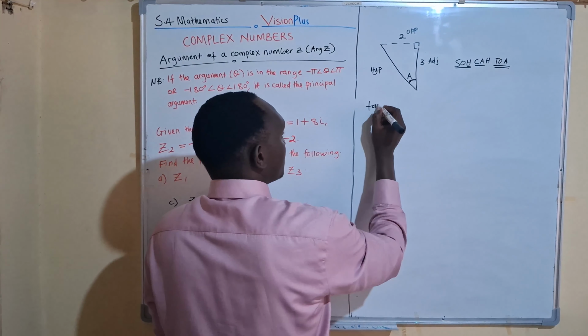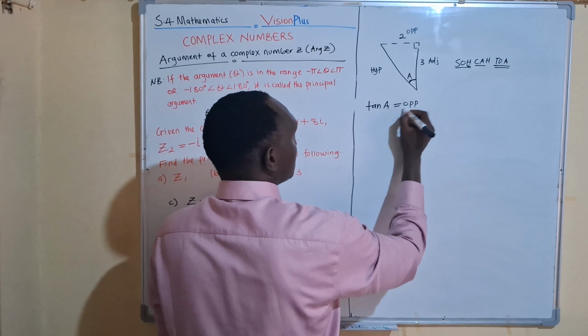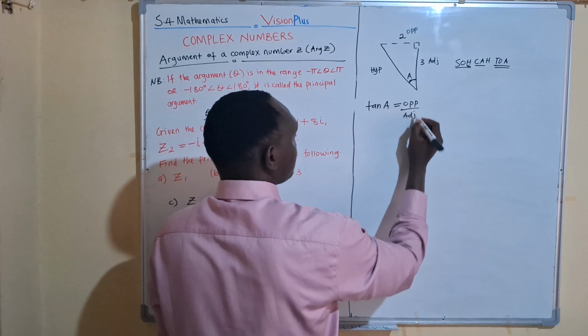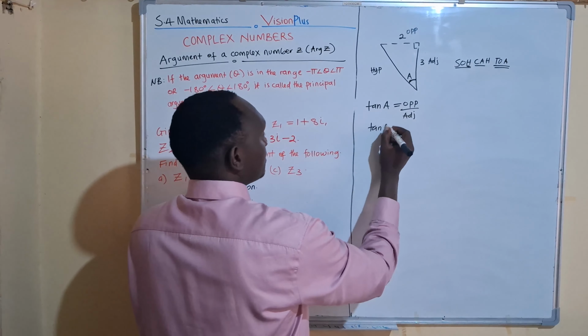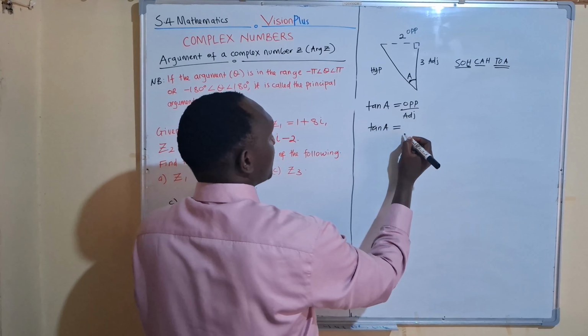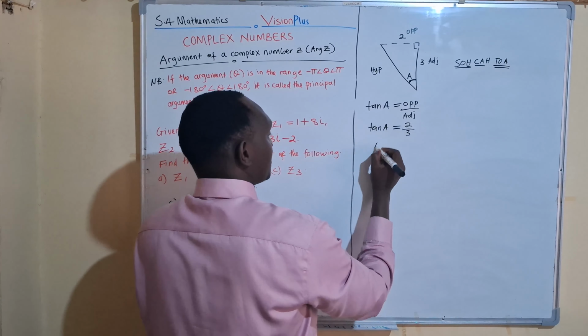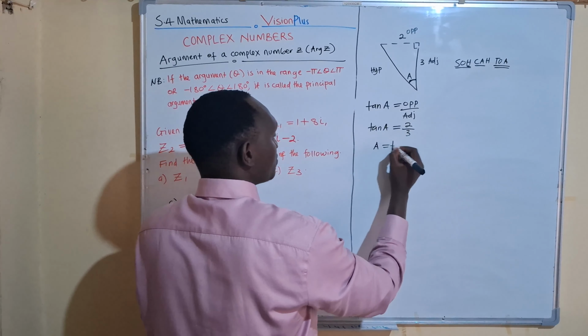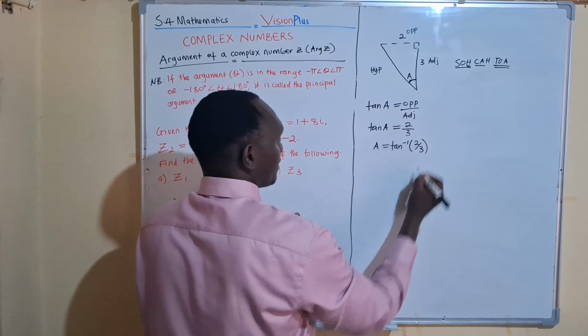So we're going to say tan of the given angle, which we are calling A, is opposite over adjacent. That means we need to substitute. So tan of angle A is equal to, what is the opposite? Opposite is 2, adjacent is 3. That means that for us to get the angle A, we need to get the arctan, or tan inverse, of 2 over 3.